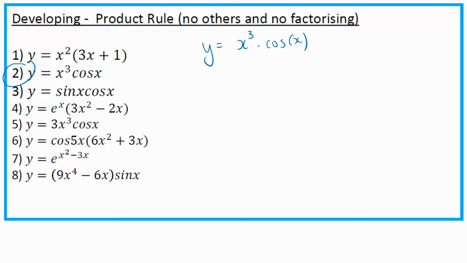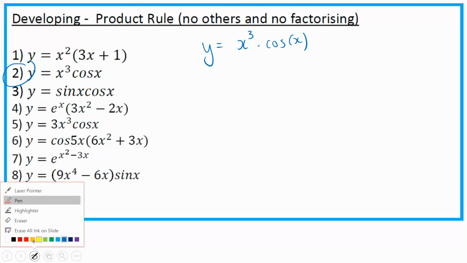How do we know it's product or chain? Clearly, it's not cos of something that you can replace. There are 2 separate functions that are multiplied to each other. Product rule straight away. So what's product rule? You need to know which one's your u and which one's your v. In this case, what's my u and what's my v?